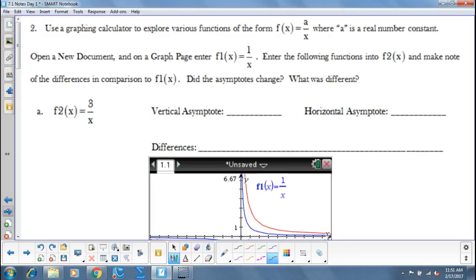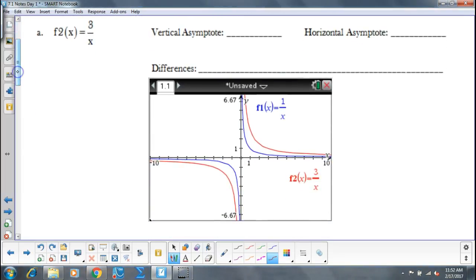On page 4 it says, use a graphing calculator to explore various forms of f of x equals a over x, where a is a real number constant. I've done that for you already. On all of these graphs, the blue graph is g of x, what you just graphed. The red graph is what we're dealing with here. So this f of x equals 3 over x is the red graph. What's the vertical asymptote of that graph? x equals 0 would be a vertical asymptote.